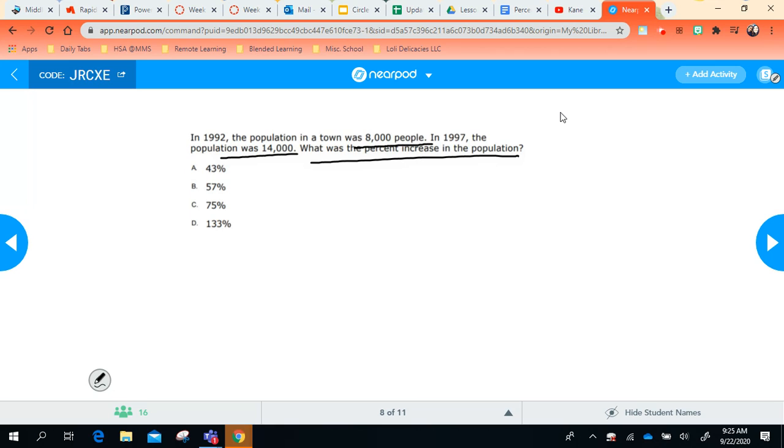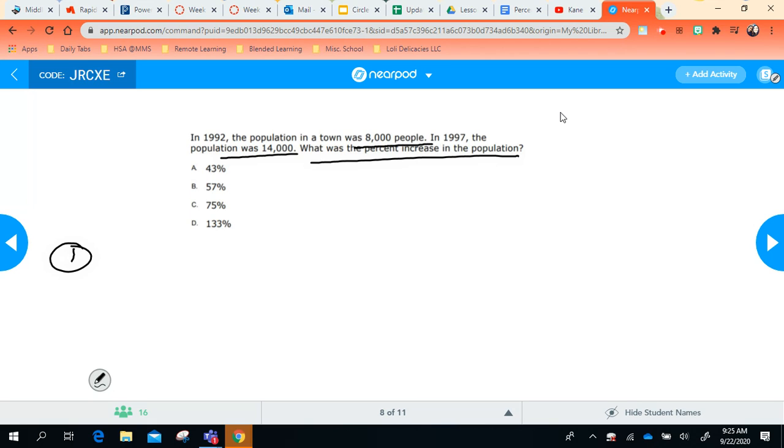So we know we're looking for the percent increase. For these types of problems, we're going to do a few things, and I'm going to write the steps down at the bottom. If you do not have your screen split at home, I would highly recommend that you do so. So you can see the steps, write them down, and also see the problem.